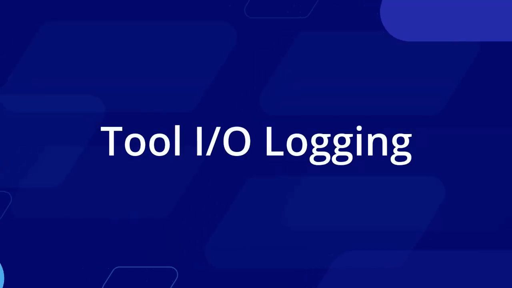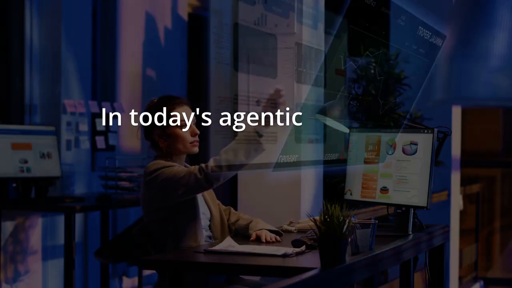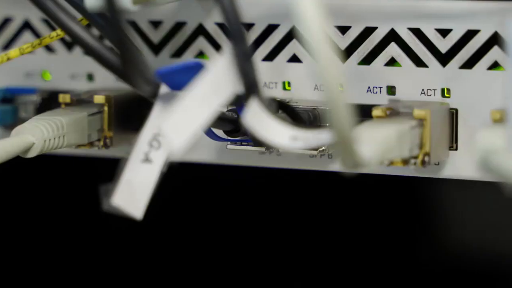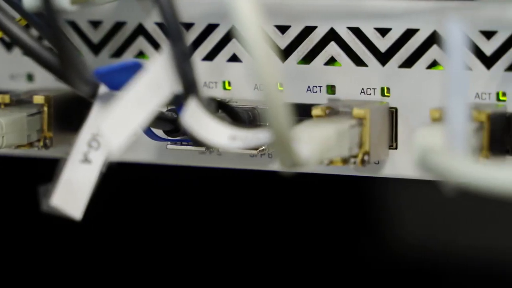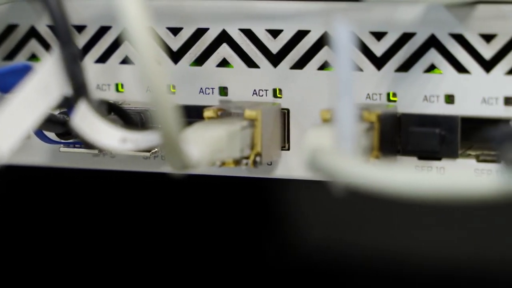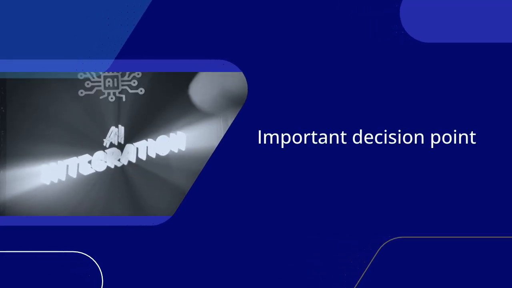Next, let's look at Tool I/O Logging, the transparency layer of AI operations. In today's agentic systems, models don't just predict, they act. They call APIs, query databases, access vector stores, and interact with other tools. Each of these actions represents an important decision point.